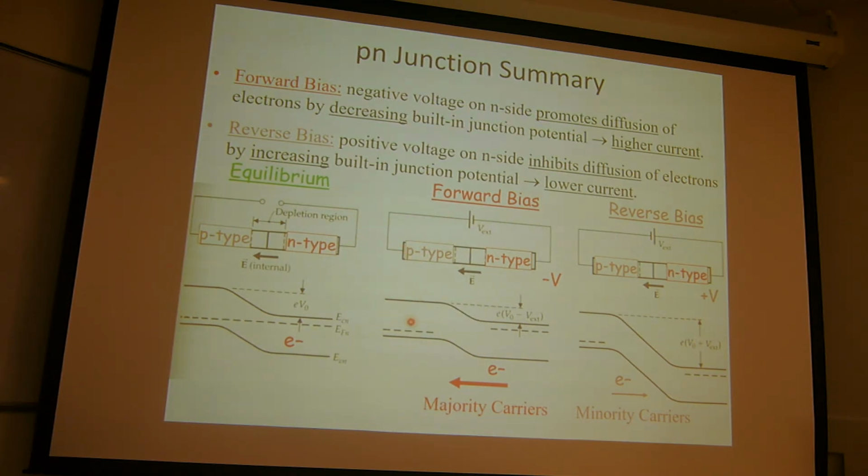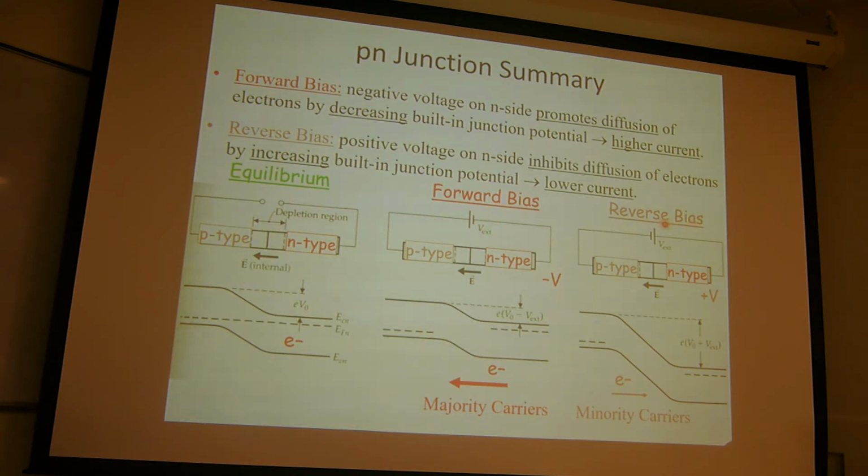Then you are going to push down the p-type Fermi level, and the barrier height reduces. Then you have electrons diffuse over the barrier. These are majority carriers from the N-type, but once they reach the p-type, they become the minority.